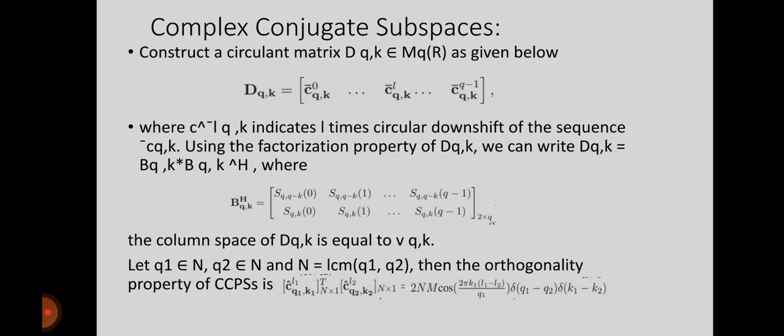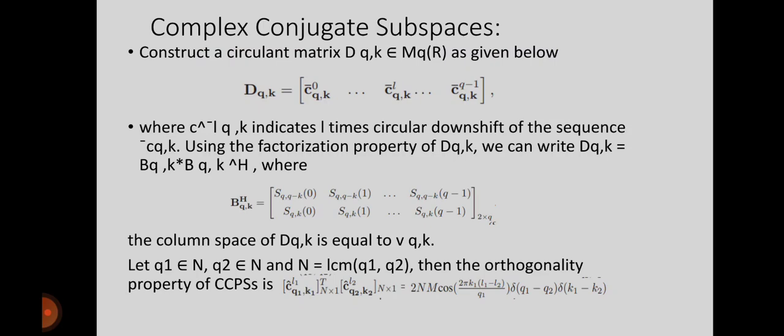Using the factorization property of D q k, we can write D q k is equal to B q comma k into B q comma k power H, where B q comma k is equal to s q q minus k of 0, s q q minus k of 1, and so on, s q q minus k of q minus 1, and it is a 2 by q matrix.